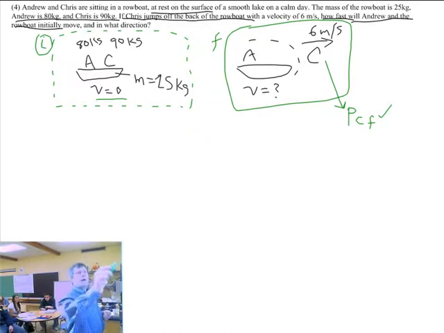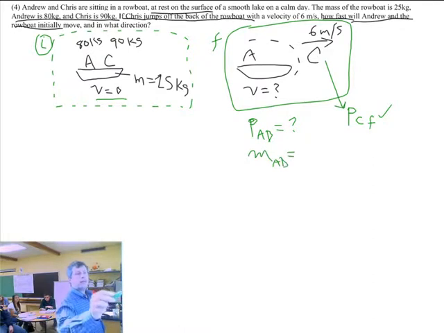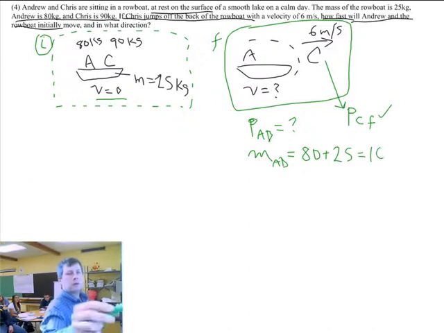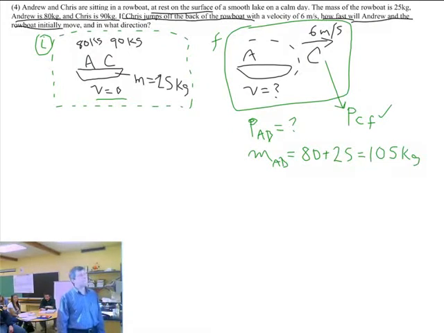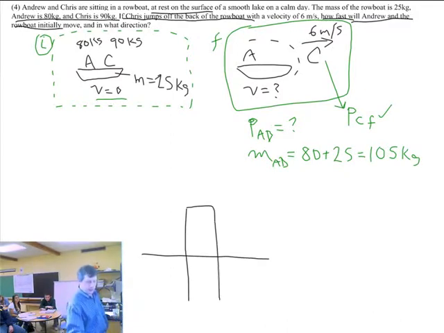So I don't know the momentum of Andrew and the boat, but I know the mass of Andrew and the boat. That's the mass of Andrew plus the mass of the boat. So let's put up a bar chart and see if this might be a productive way to work.